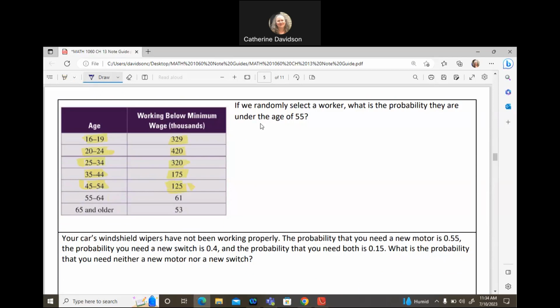Under 55 is 54 and below. Most students don't like to use the complement on this. So what we want is the ones that are under the age of 55, and then put that over the total.